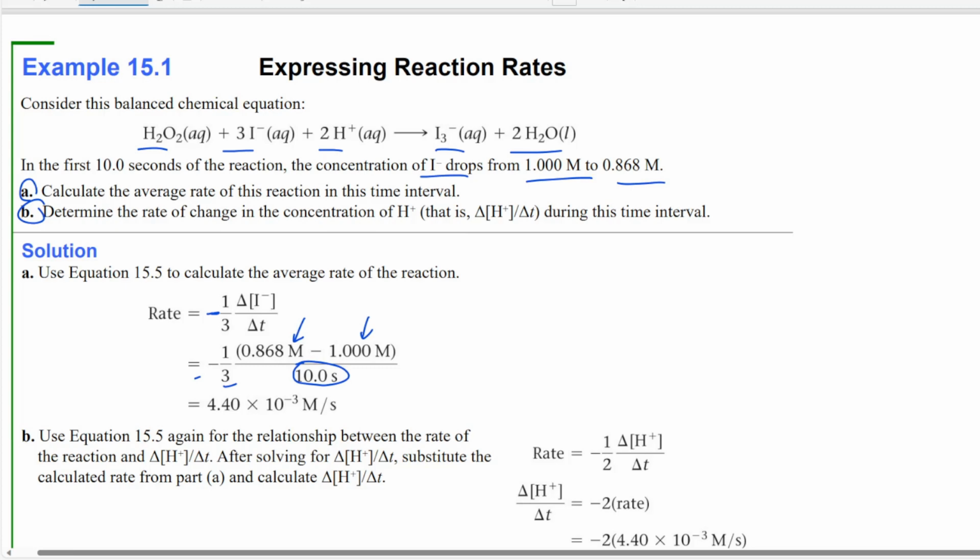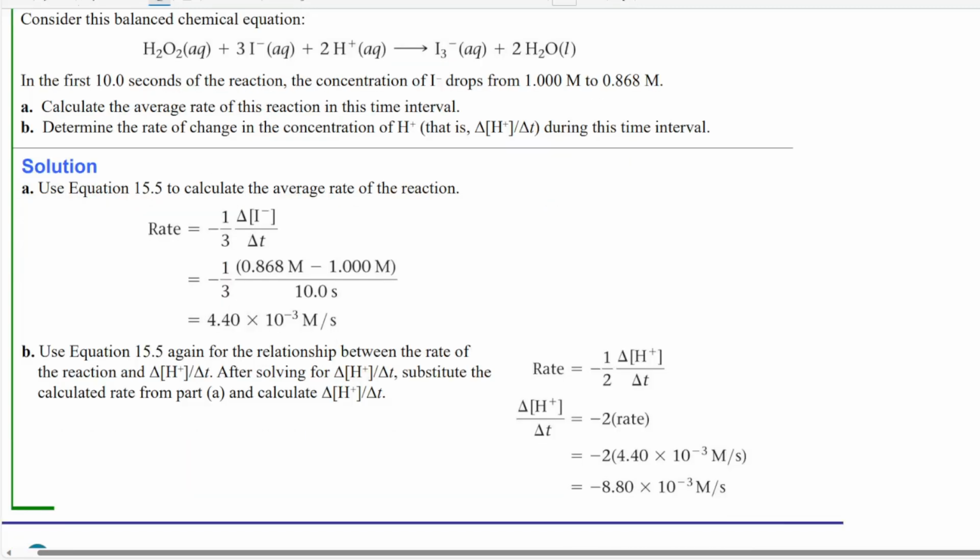We weren't given a final minus initial time, but we were given the interval of 10 seconds, so that's our change in time. We calculate the rate then as 4.40 × 10⁻³ molar per second.